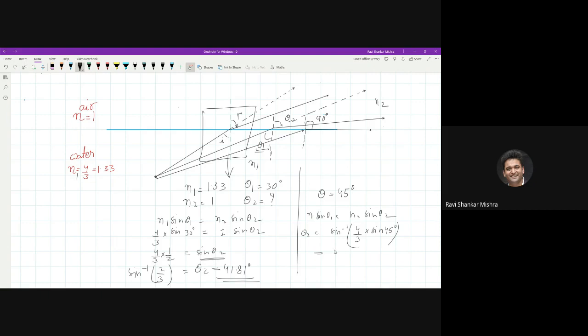So first sine 45, I got 0.707 multiplied by 4 by 3. I got 0.9428. I hope everybody got the same. Shift sine inverse, I got the answer as 70.52.